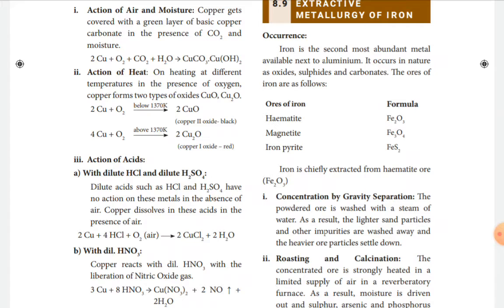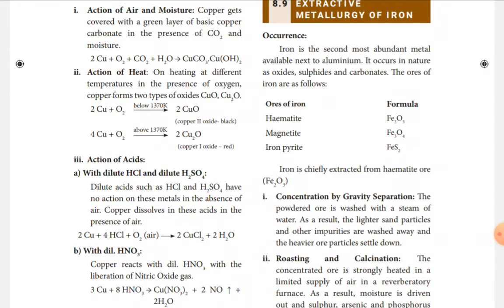They asked to find out what is A, B and C. A is copper, B is copper 2 oxide, CuO. Then C is copper 1 oxide, Cu2O. So you have to write separately. A is copper, B is copper 2 oxide, CuO. C is copper 1 oxide, Cu2O.